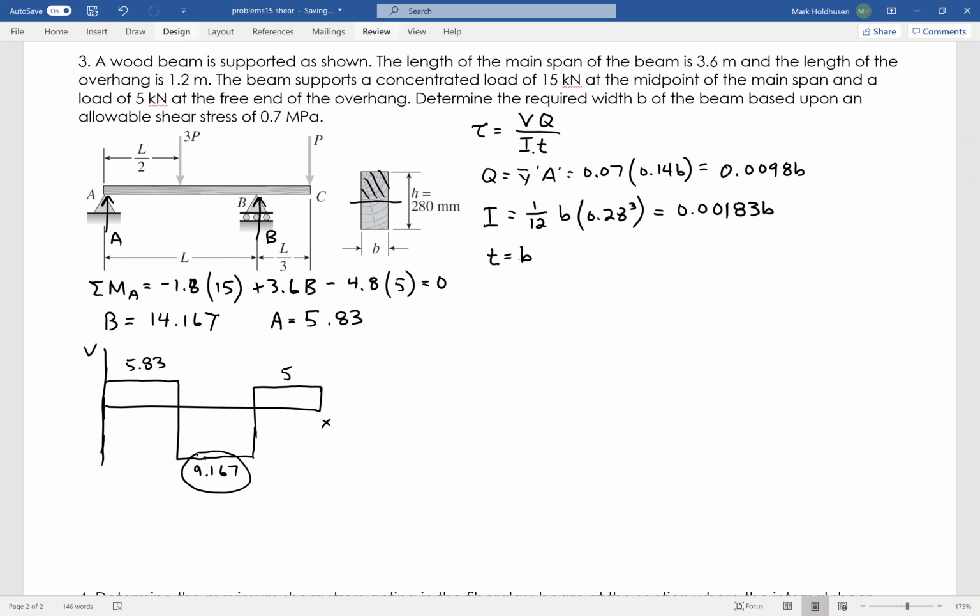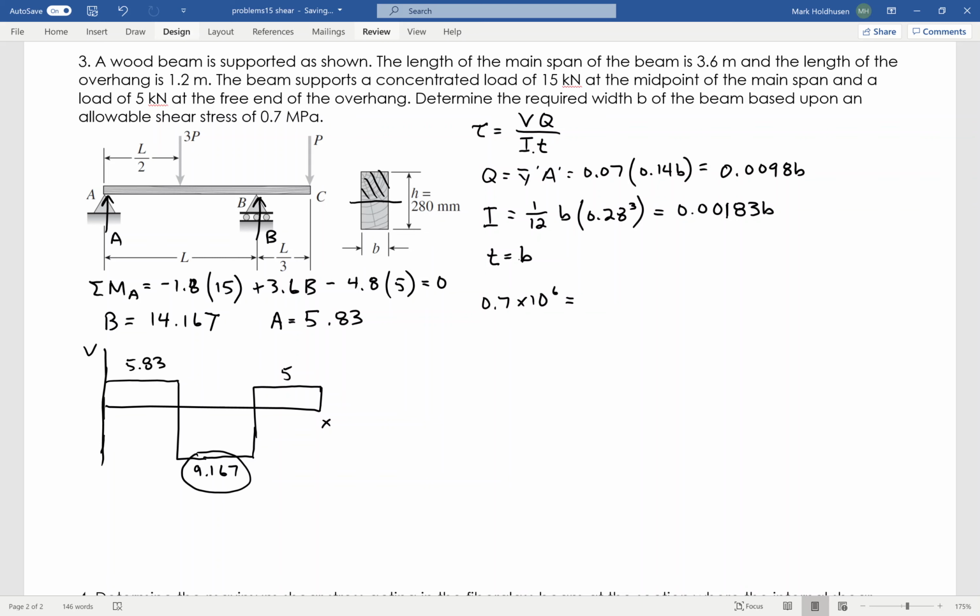Okay, so plugging everything in, knowing the allowable shear stress is 0.7 times 10 to the 6th pascals, equals V, and again, we found V equals 9.167. That's in kilonewtons, if I'm not mistaken.